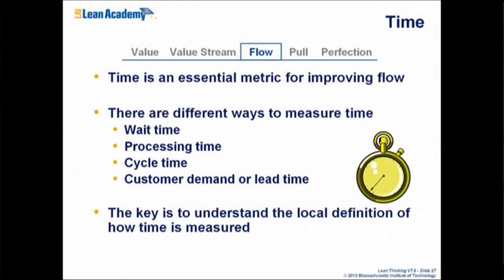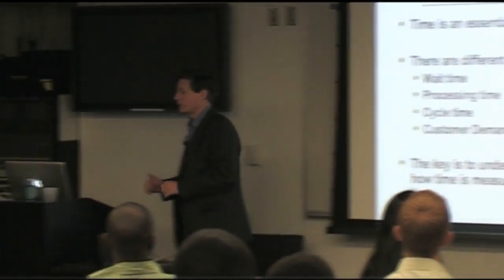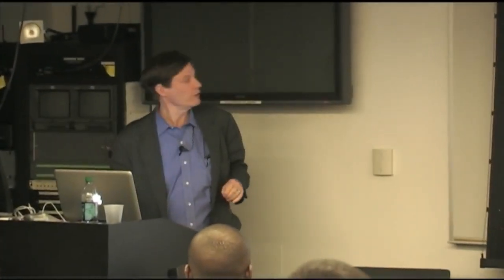In different fields, industrial engineers and supply chain people will talk about things using the same words, but they mean different things. Sometimes the words are used in a way that isn't intuitive. So rather than try to teach you the jargon of any particular field, what we're going to ask you to do is think about time, and make sure you understand and communicate your definitions of time. And we'll actually have a little exercise about that.